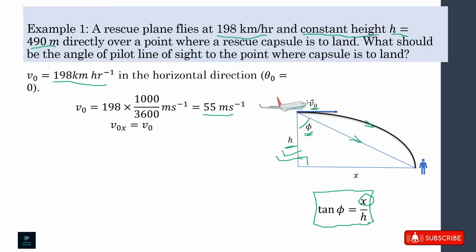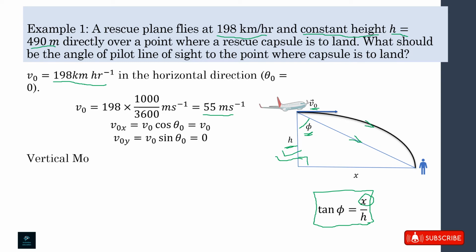The x component of initial velocity v0x is equal to v0 cos theta 0, and since theta 0 is 0, therefore v0x is v0, and similarly v0y is equal to v0 sin theta 0, and this is equal to 0. Now we will solve the vertical equation of motion to obtain the time required by the rescue capsule to land.